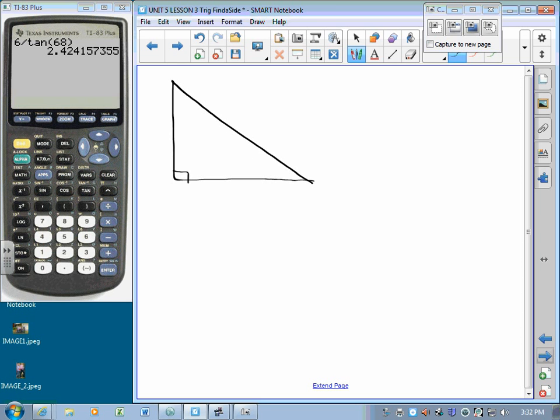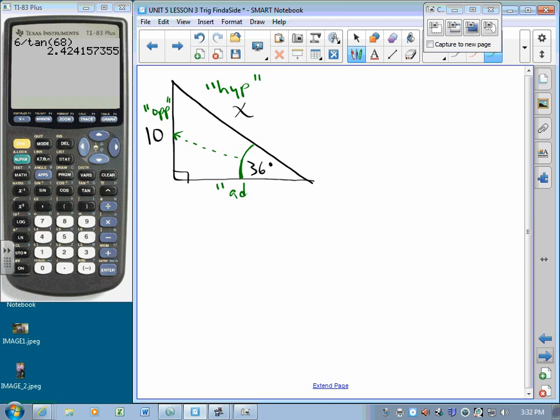I've got myself a 36-degree angle. That's a 10. That's an x. I'm looking for, here we go, the big guy's the hypotenuse. With respect to that acute angle, the opposite side is all the way over there.